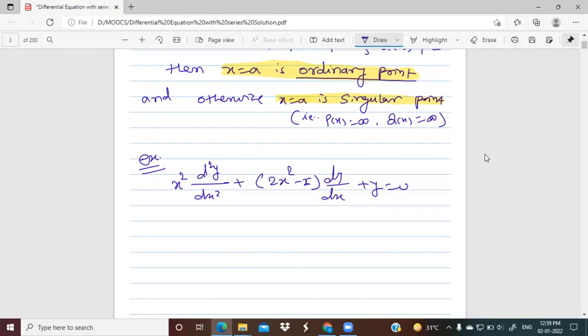See here carefully, this differential equation is not in Euler's form. Therefore, we will not solve this equation easily, and we need a new technique. Now I will write this equation as d2y by dx2 plus 2x square minus x divided by x square into dy by dx plus 1 divided by x square into y is 0. That means I am dividing by x square.